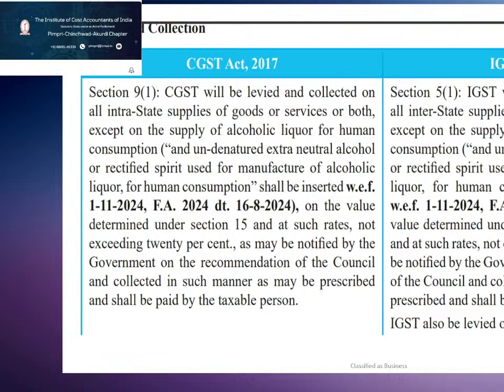If the registered person's aggregate turnover in the preceding financial year does not exceed the threshold limit of 75 lakhs, then he will fall under the category of composition scheme. The same for other states, it is 1.5 crores.